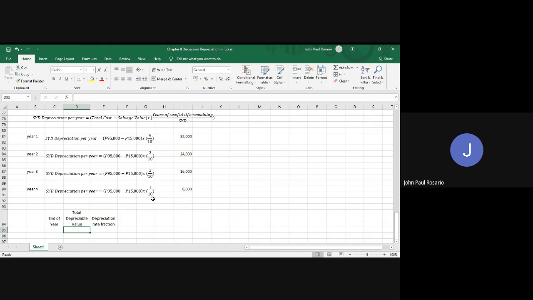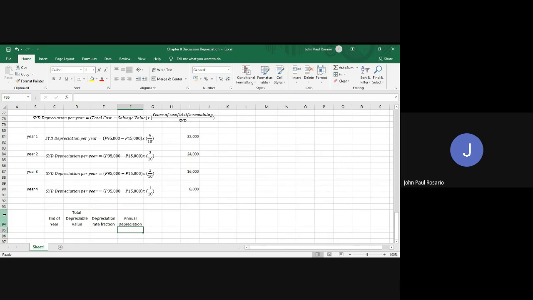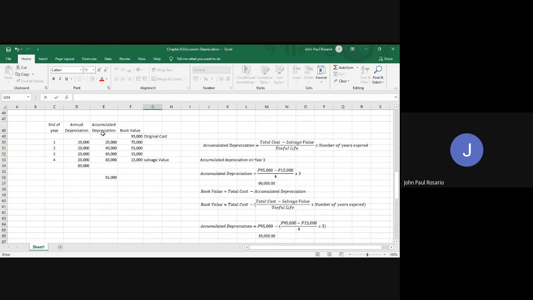And then we have our annual depreciation, and then we have our accumulated depreciation, and then your book value. Let's just copy the ones that I encoded a while ago.